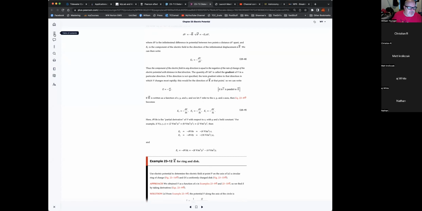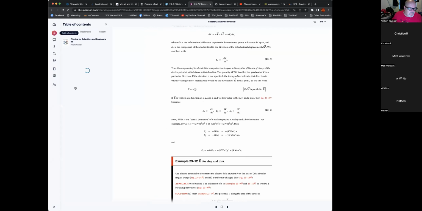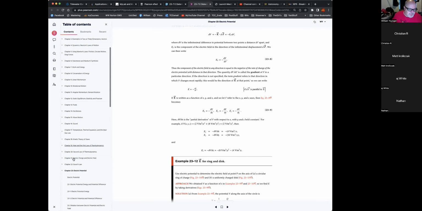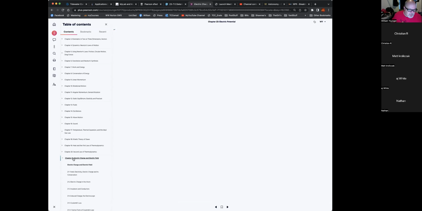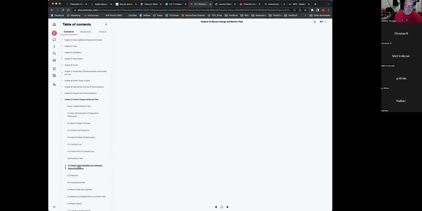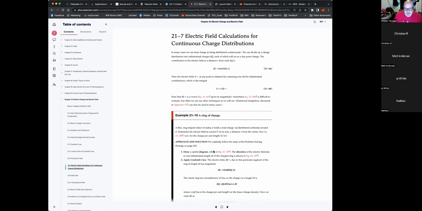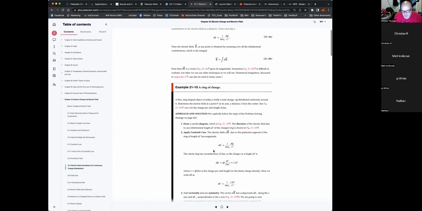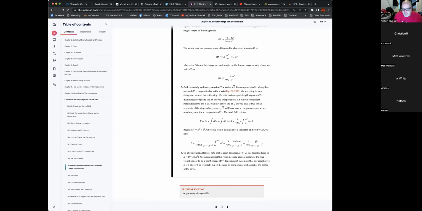So I'm going to turn back to chapter 21, which is the first place we did this, and scroll down to electric field calculations for continuous charges. And I think you will see that we got Q times X. Notice I'm using Z and they're using X, so that should be the same.